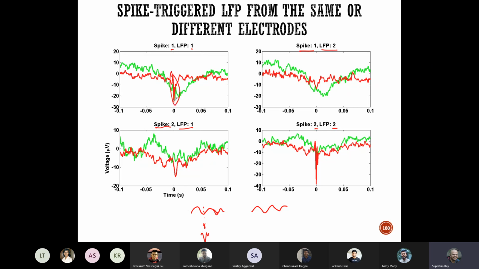This is what I don't want. I really don't want to deal with this. It's very hard to get rid of this. It's present here and it's present here as well. So if I take the LFP from a neighboring electrode, the phases are more or less aligned. So it will give me some estimate of the signal.